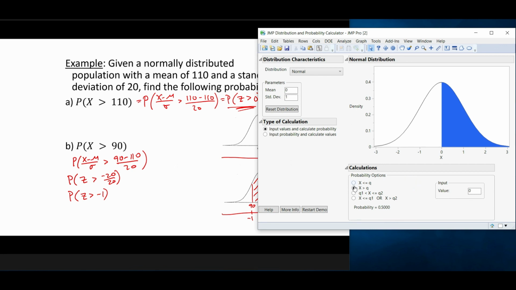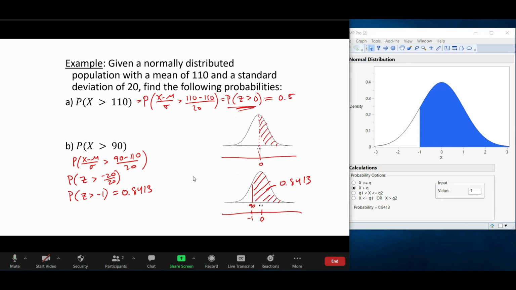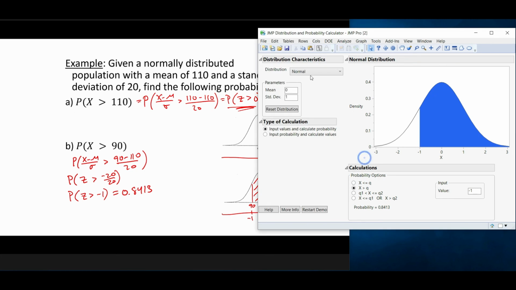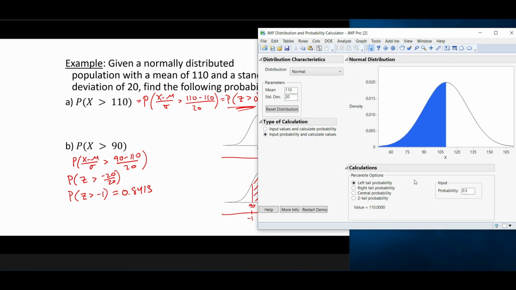I have a standard normal here, greater than negative 1, and that gives me 84.13% of the area. And we could have gotten those same quantities just by putting in that general normal distribution centered at 110, standard deviation 20.